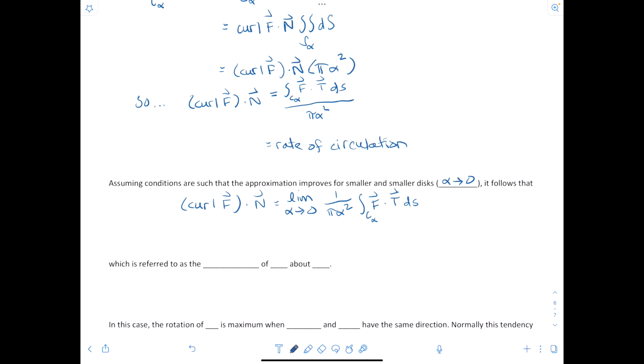And that's referred to as the rotation of f about n.